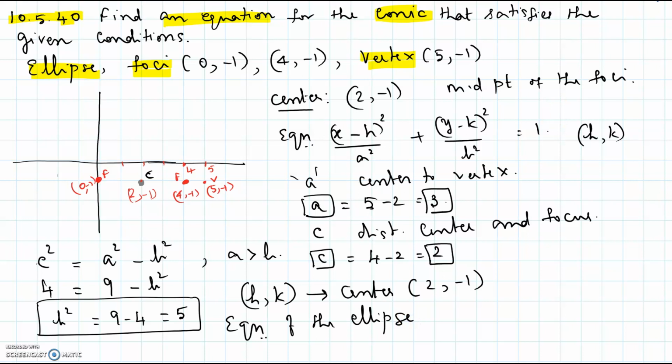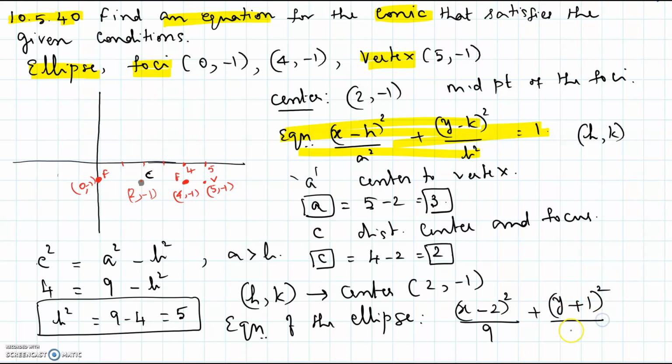If we substitute all the values that we know, the values of h and k, and the values of a and b, into the equation of the ellipse, we get (x minus 2) squared over 9, since a is 3, plus (y plus 1) squared over 5, since b squared is 5, equal to 1. Hope this video helps.